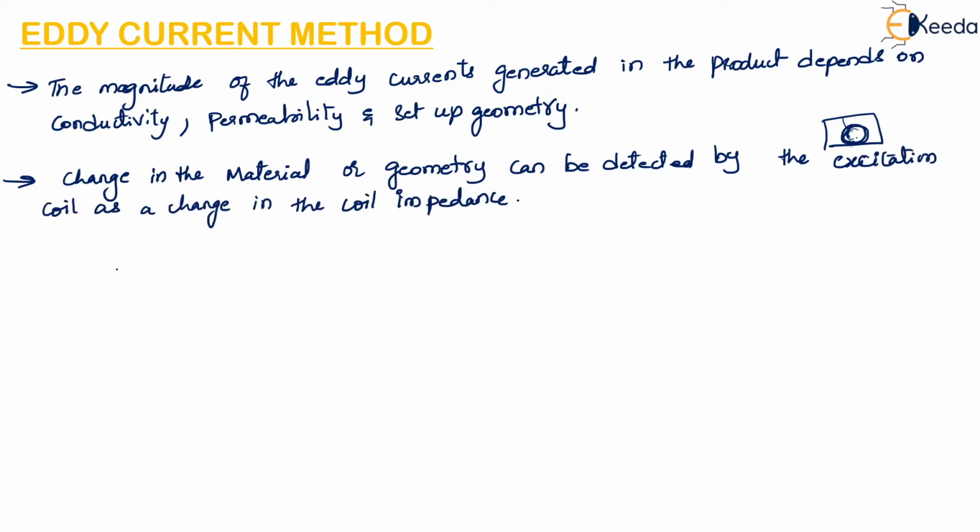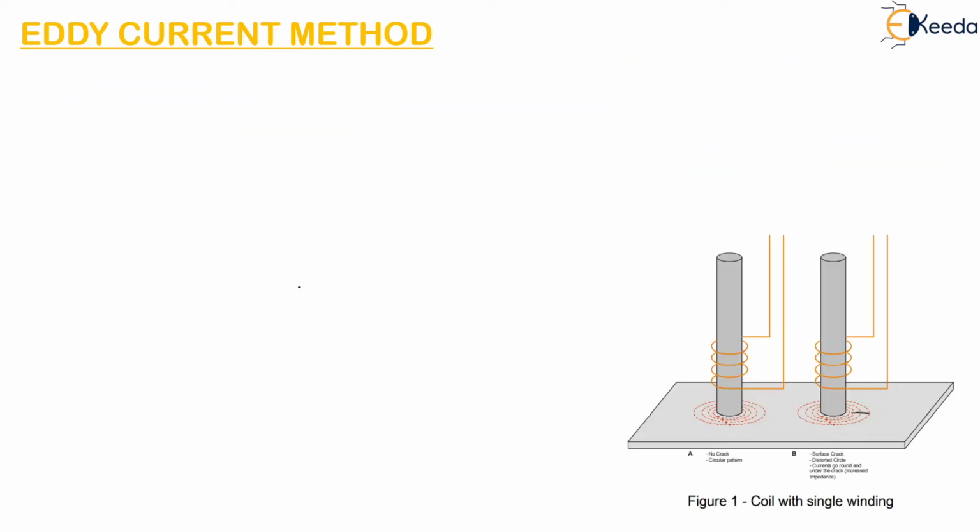So the most simple type of coil will comprise a rod with several turns of wire wound at one end and which is positioned close to the surface of the product to be tested. So here we can see that this is a rod, that is ferrite rod, and there is a wire wound on it.